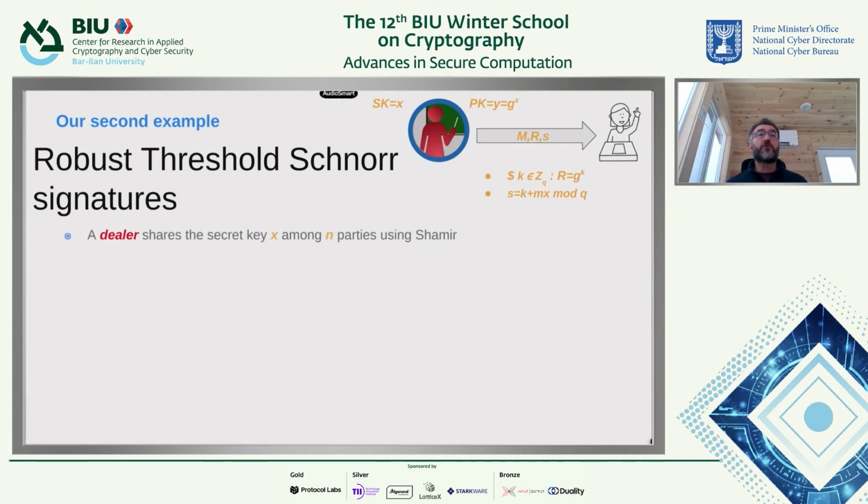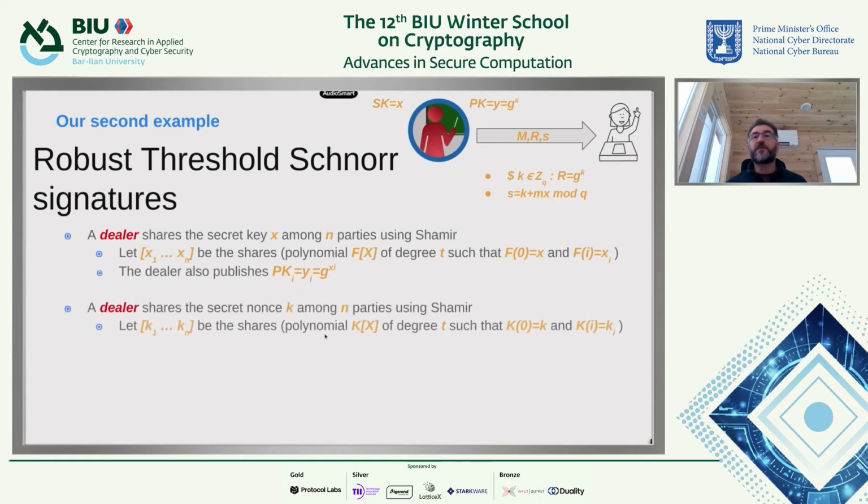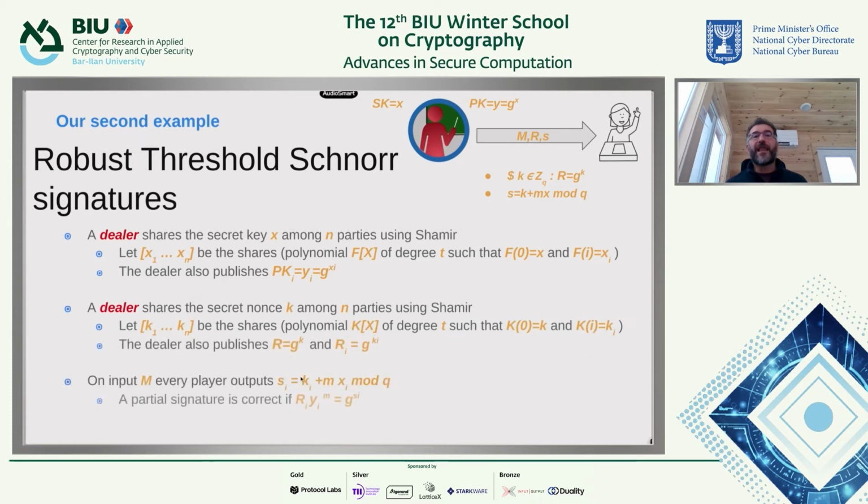If we want to deal with corrupted players, again, let's assume that we have public commitments to the xi and public commitments to the gki. That will allow you to check every partial signature locally with respect to the public commitments. At that point, you know which ones are the correct signatures, and you can interpolate those.